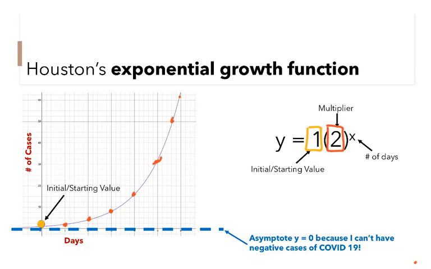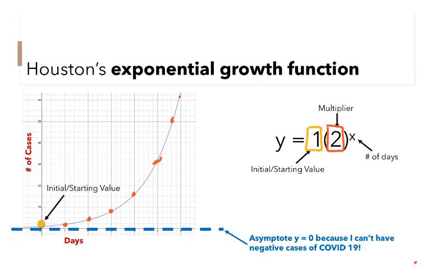So then I have something called an asymptote. So my asymptote is y equals 0. The reason why it's y equals 0 is because I can't have negative cases of COVID-19. So we said that the y-axis is my number of cases. So I can't have a negative number of cases down here. So that means that the lowest numbers are all above the asymptote.